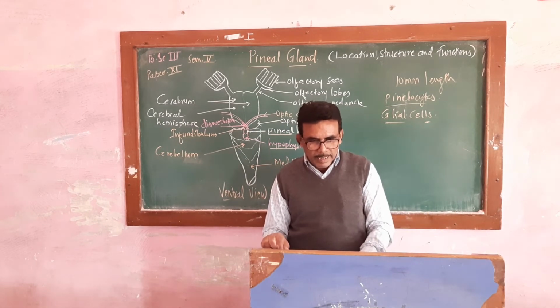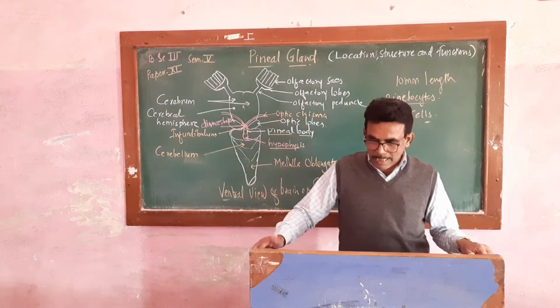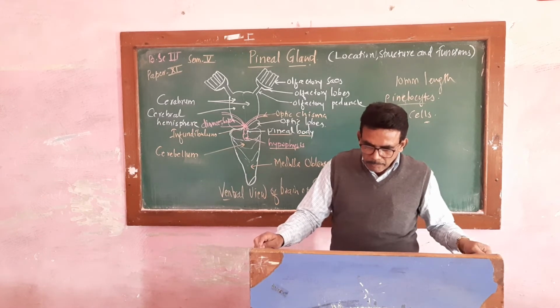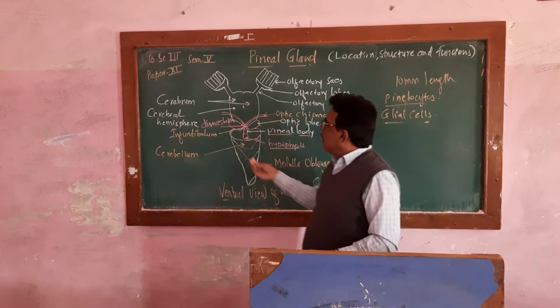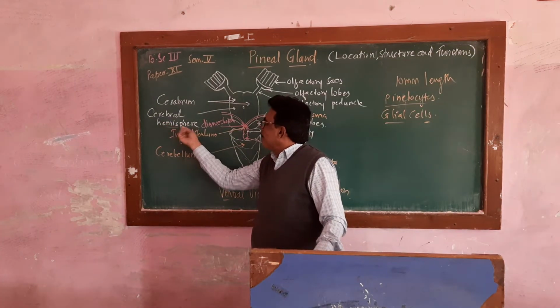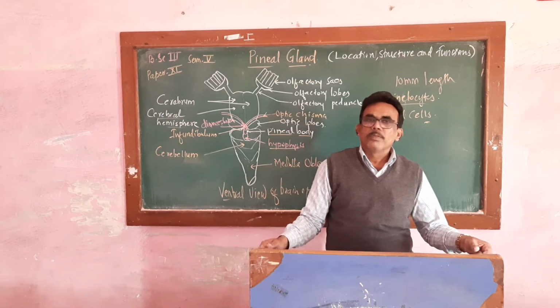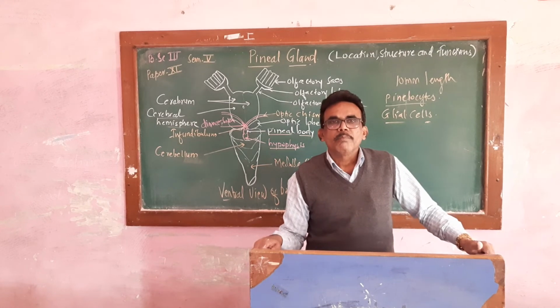So next is the emotion and happiness. The emotion and happiness is also concerned with the particular gland. So as you know the function of cerebral hemisphere. So what are the functions of cerebral hemisphere?